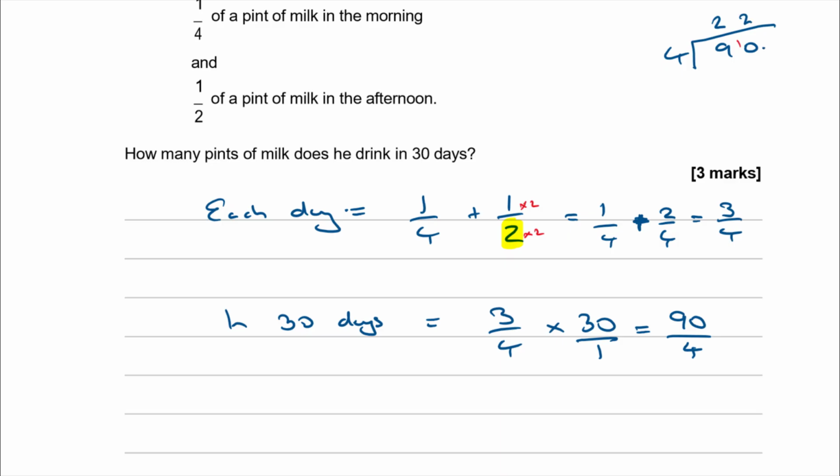Now I haven't got anything to attach the 2 to, so I'm just going to put an extra 0 in like that, and then attach the remainder 2 to that. And then I can do 4's into 20, and that goes exactly 5 times. So that's 22.5 then, isn't it? So that is 22.5 pints.